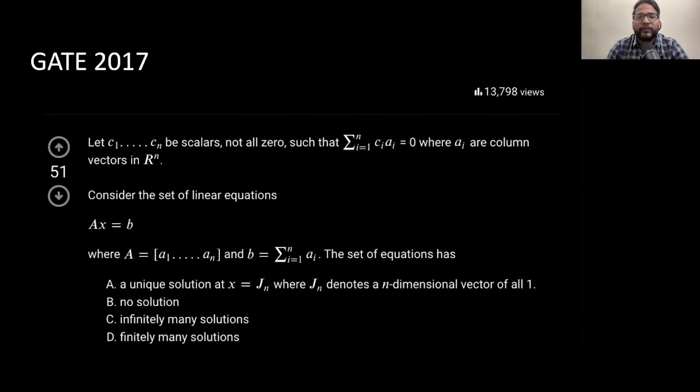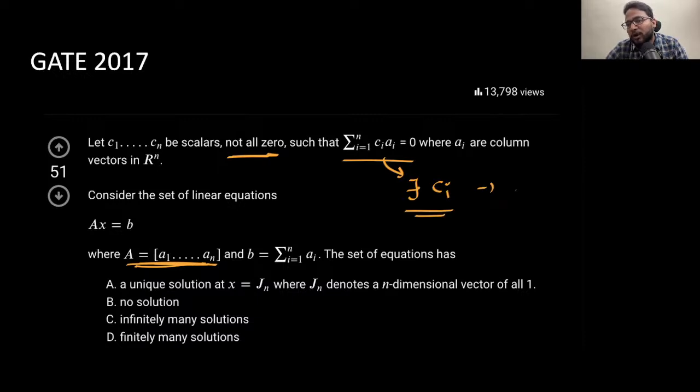Okay. So what they're saying, there's C1 to Cn are scalars and not all zeros, which means... okay, I will connect the dots. Great, this is a good question. Not all zeros, such that this is equal to 0. What does this mean? Where Ai's are the column vectors, मतलब Ai's are basically the columns of A. मतलब इसका मतलब यही है कि A is basically made of the columns of these vectors, I mean A1 to An. मतलब कि A के columns का अगर हम लीनियर कॉम्बिनेशन करें, it is getting 0, and this is having some non-trivial solution, which means there exists some Ci.